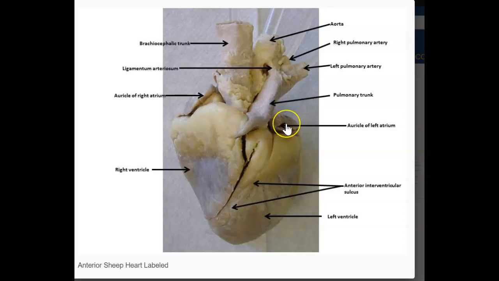There's the auricle of the left atrium, and here's the auricle of the right atrium. Like I said, I feel like they look like elephant ears. Here's the pulmonary trunk, or the pulmonary artery. If you stuck a probe through there, it should take you right down to the right ventricle. Here is the aorta up on top, which will eventually branch into all of the different arteries in your body.